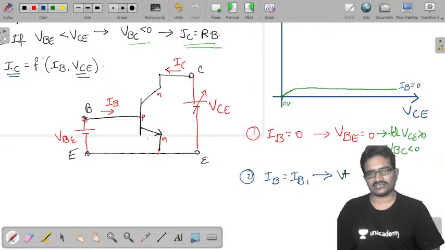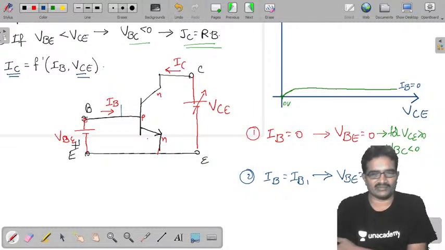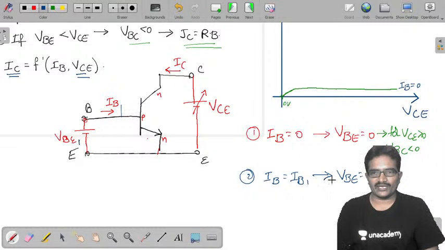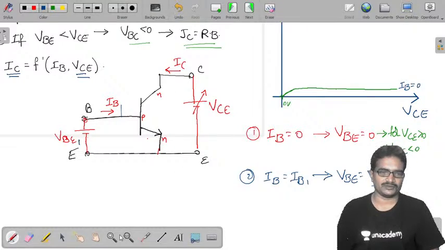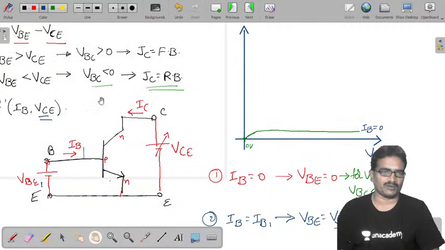To get IB equals IB1, you need to apply VBE equals VBE1. Now I got current IB1. You need to compare VBE with VCE every time. So I am placing this VBE on this plot. Somewhere here is your VBE1.